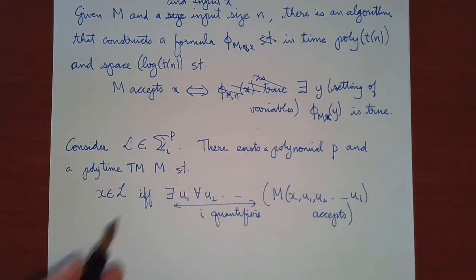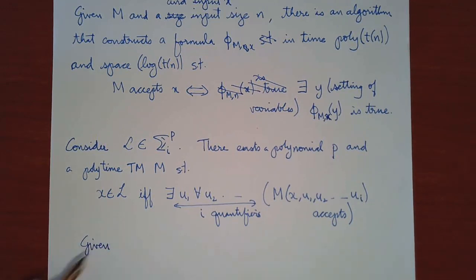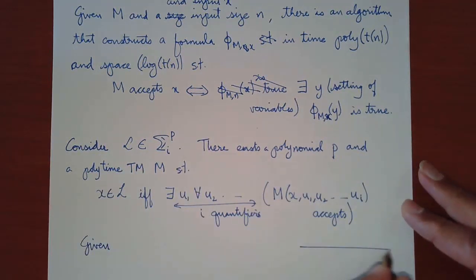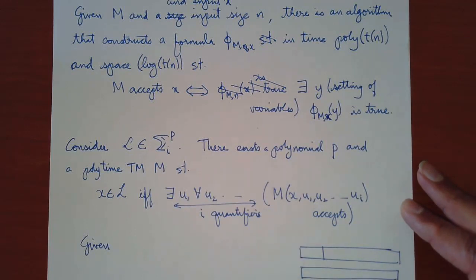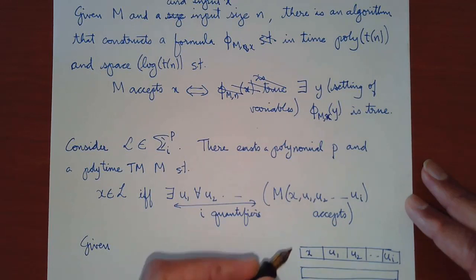Okay, so now what this means is, if you go back to the tableau, so let's look at the tableau. In the tableau, if you look at the first configuration, you can think of it as x, then it has u1, u2, and ui written on the tape.